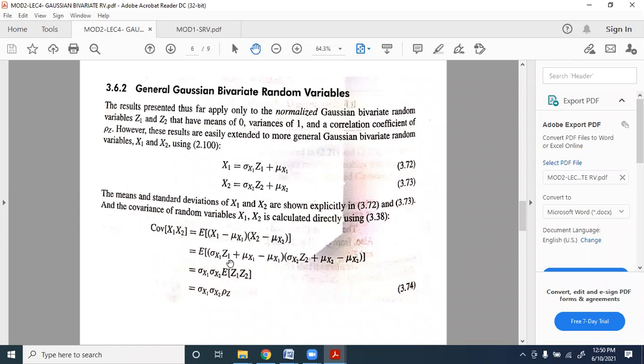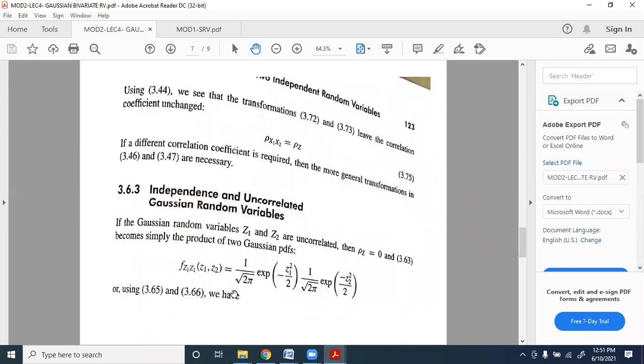And this quantity is the correlation of Z1 Z2. Please remember that Z1 and Z2 correspond to the normalized Gaussian bivariate random variable, so the value for this is rho Z. So the covariance of X1, X2 will be sigma X1 sigma X2 into rho Z. Using 3.44, we see that the transformations 3.72 and 3.73 leave the correlation coefficient unchanged.